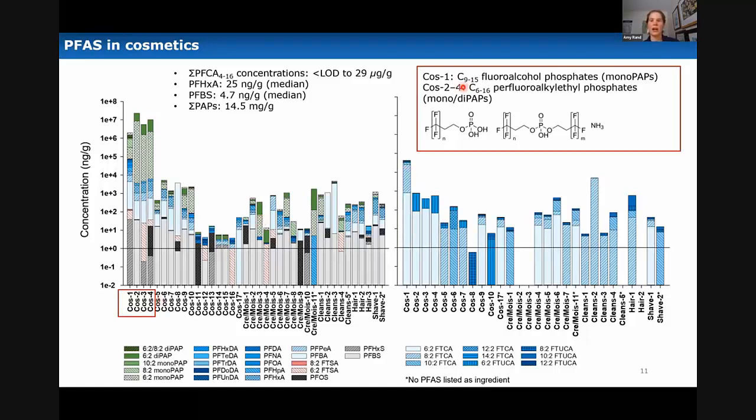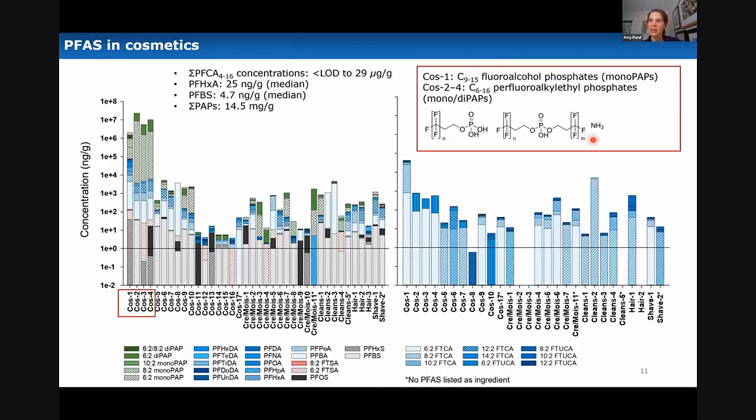Cosmetic 1 was a bronzer that contained the C9 to 15 fluoroalkyl phosphates, which is a mixture of monoPAPs, where we had 1 fluorinated chain. Cosmetic 2 to 4 were foundations that contained a mix of both monoPAPs as well as diPAPs with 2 fluorinated chains of varying chain lengths as well.